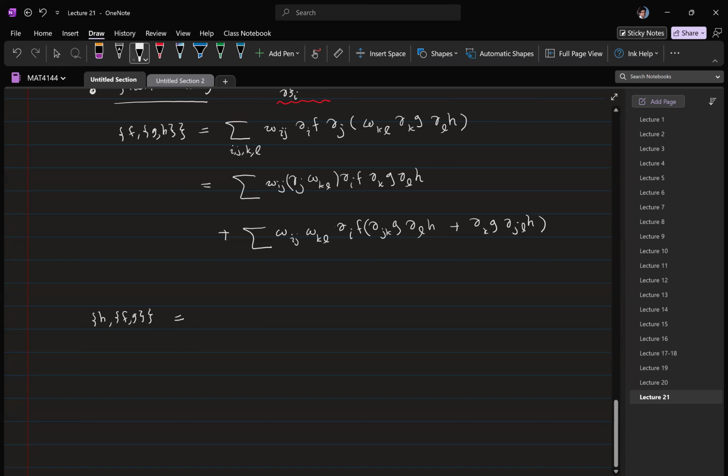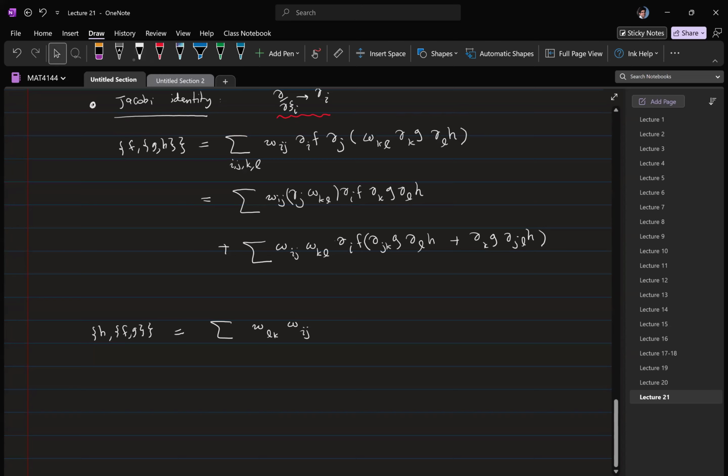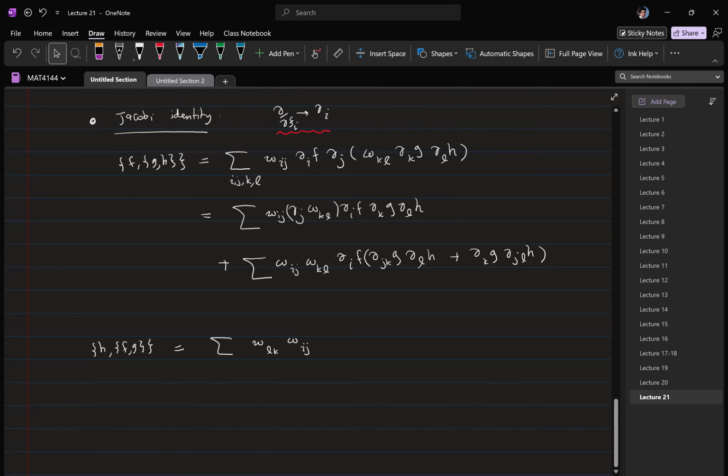So by the same technique, now I could use the indices Wij, but it's smarter to start with indices LK than IJ. Okay, so I write this as sigma WLK Wij. I mean, this will count as the last term here.